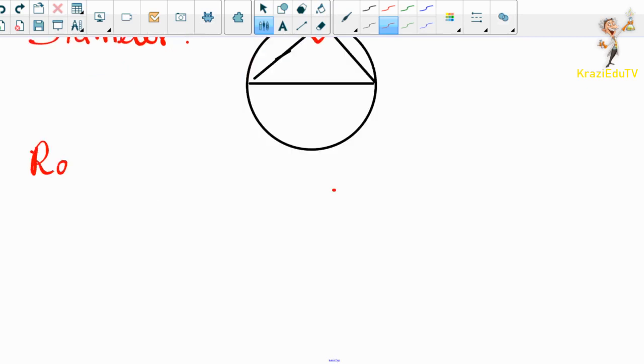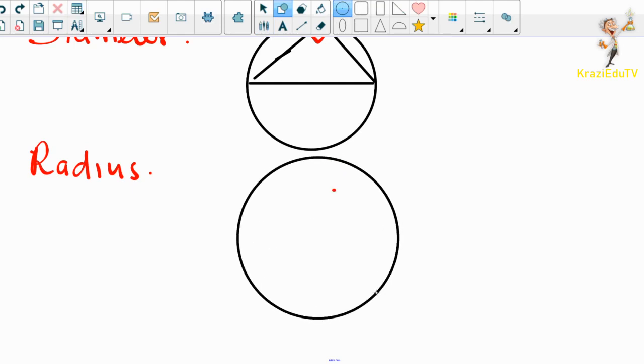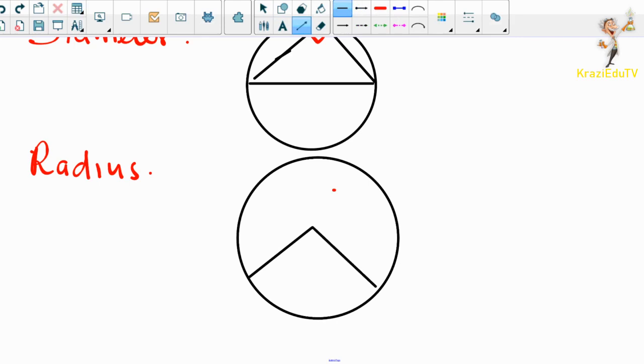Radius. So we have a radius. What are the things that should come to mind when you have a radius? I'm going to use that as my center. Immediately you can identify the word radius, or if you don't see the word radius, look at the diagram. If you see a radius, you are thinking about angle at the center is twice angle at the circumference.